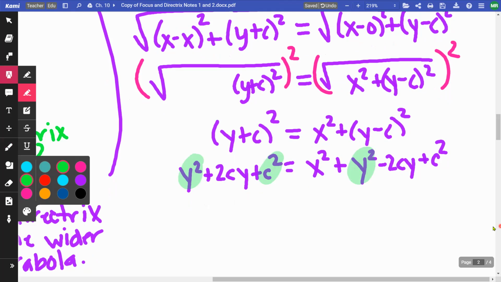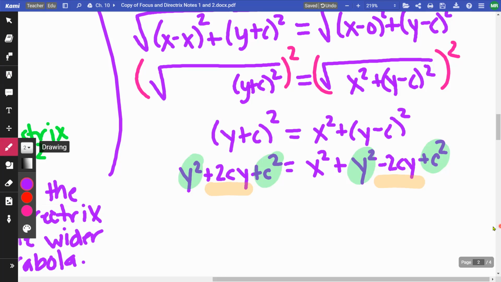I have a positive c squared here and a positive c squared here, so those will cancel out. What you want to be careful of is this plus 2cy and negative 2cy. Those are not going to cancel out because one's positive, one's negative. So what I'm going to be left with is 2cy is equal to x squared minus 2cy.